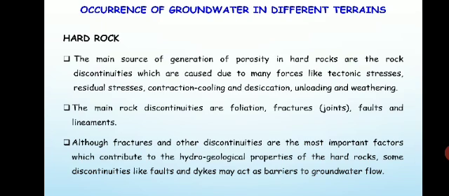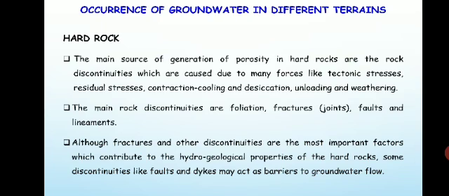The main rock discontinuities are foliation, that is the layering of the rocks. Like in the case of granites, we can see the rocks split into layers when you remove the top load. That is a type of weathering, that is unloading. Fractures or joints are formed in the rocks.